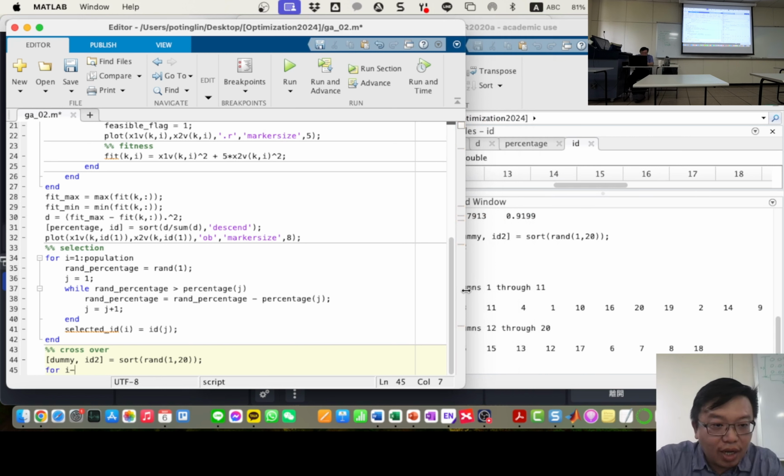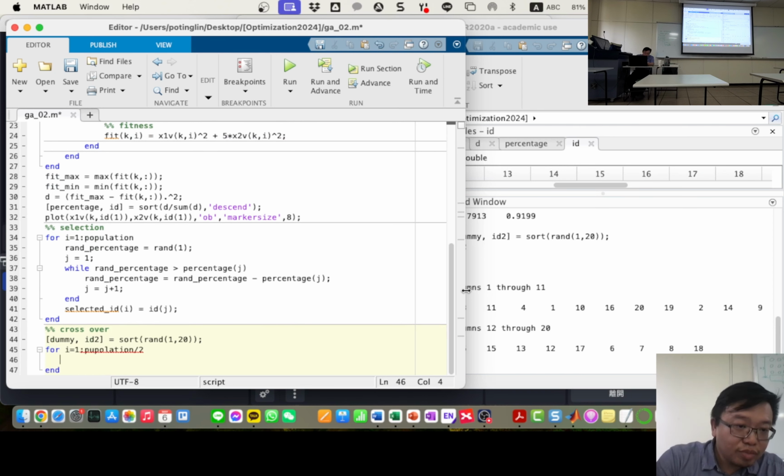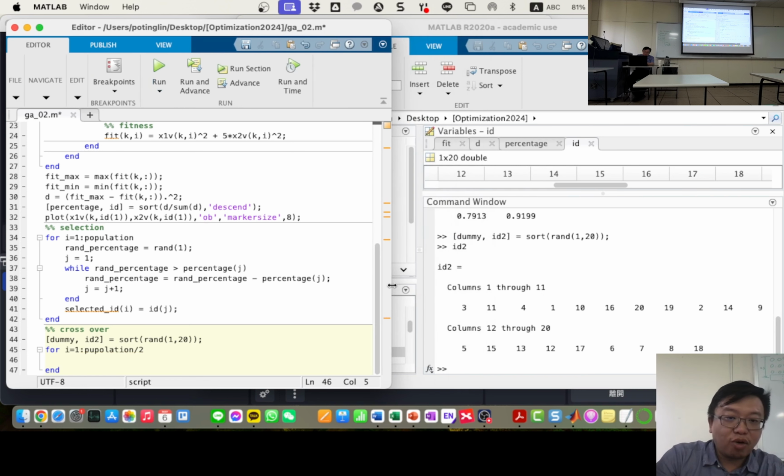For 1 goes to 10 actually. Population divided by 2. Every 2 you perform a crossover, right? So every 2, my first 2 chromosomes will be the third one and the 11th inside the selected ID.